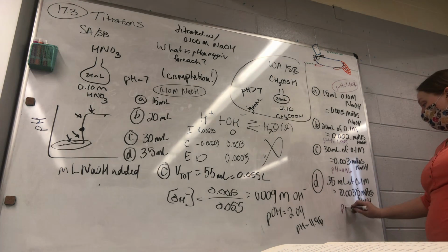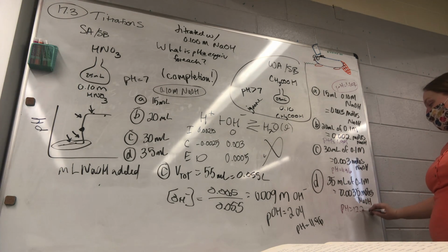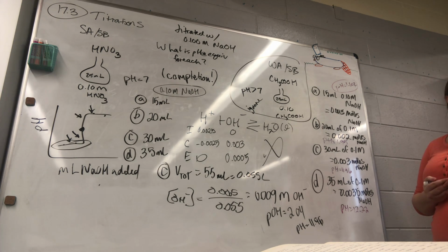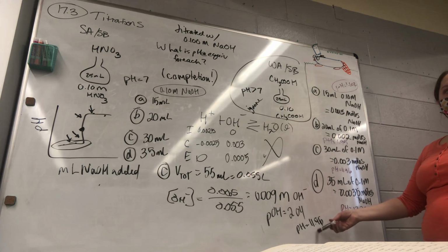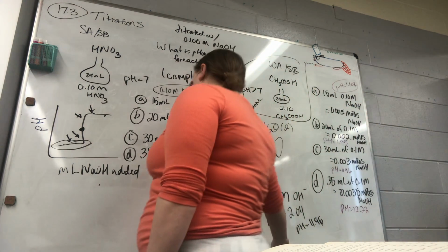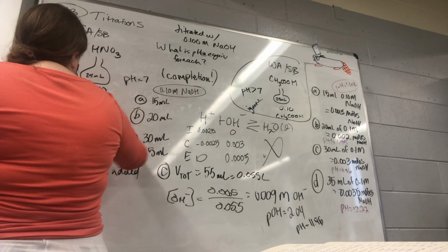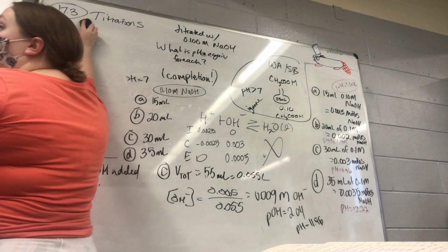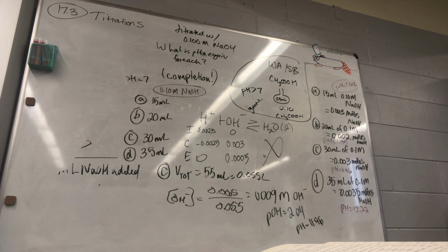That's at least what I got. I'm not sure. I saw 12.22. Don't forget to take the 14 minus, because what you're calculating is pOH. For which one? The one we're just doing now? Okay. What was your total volume?